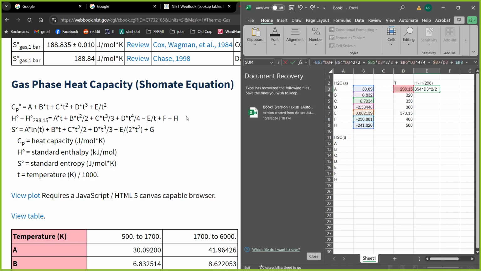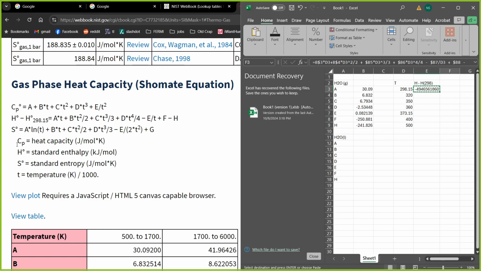I don't think so. I have B3 times the temperature, that's A times the temperature, B times the temperature squared over 2, C times the temperature cubed over 3, D times the temperature to the fourth over 4, minus E over T. Oh, I know the problem. This is where we didn't get it. The temperatures are divided by 1,000. That's my problem.